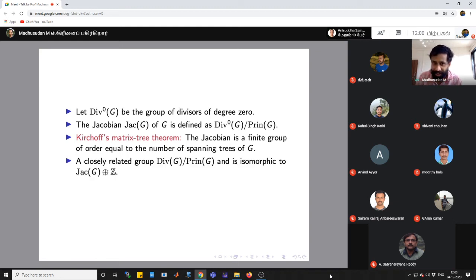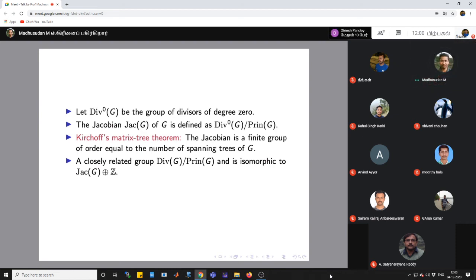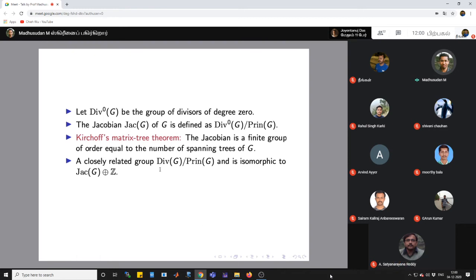So this is a very intricate group associated to the graph, and it's not been very well understood as far as I know. There's still a lot of work in this direction, understanding this Jacobian. And a closely related group is obtained by taking the whole group of divisors instead of Div^0 in this definition of the Jacobian.